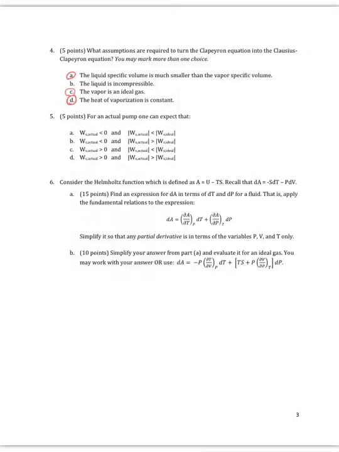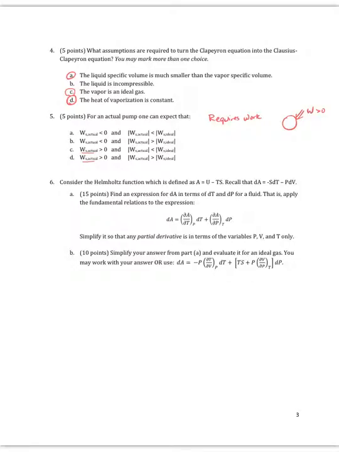In question 5, we're looking at a pump, okay? A pump requires work. Now, for the notation of this course, if we are bringing work into the system, that means it is positive. So the amount of work will be positive, so it means it's going to be either answer C or answer D. And then we also have something about the actual compared to the ideal.